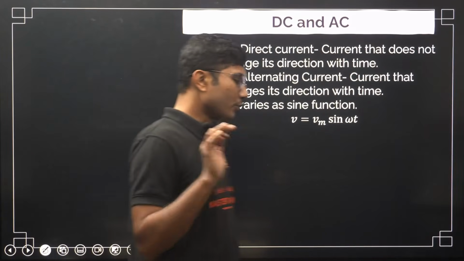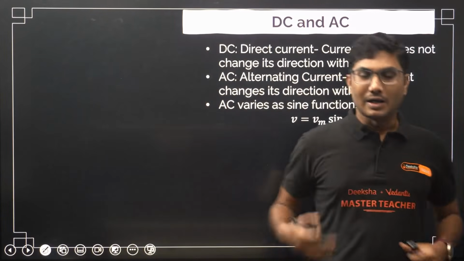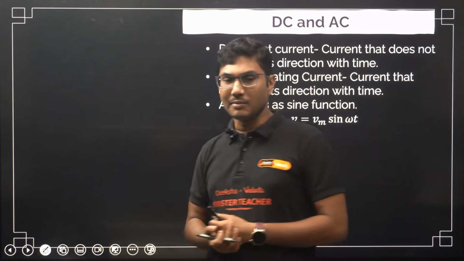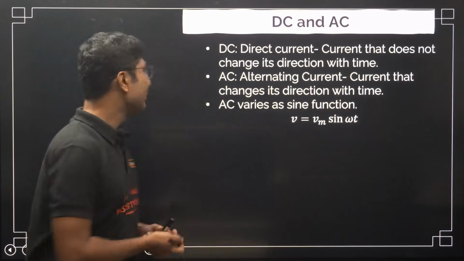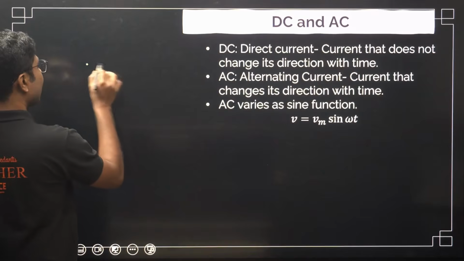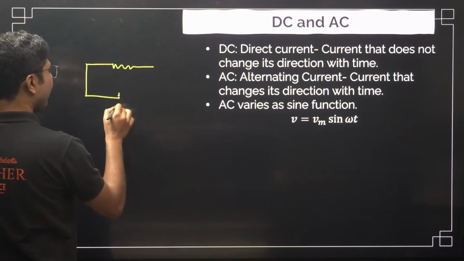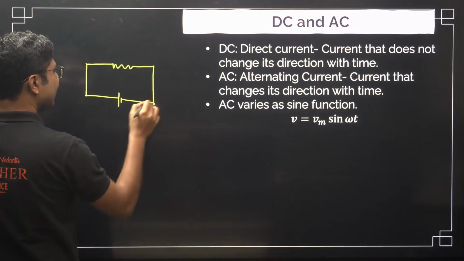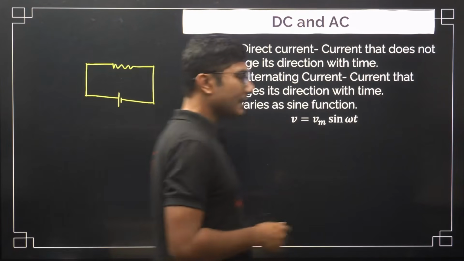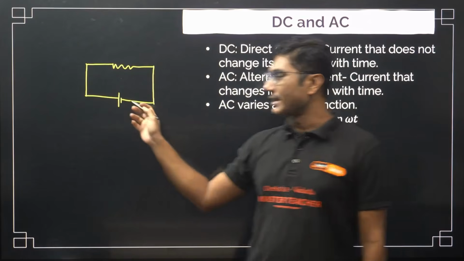So far, whatever we have learned is mostly about direct current. Whenever you see a circuit like this, where a resistance is there, this is called a DC circuit. The source here is a battery or a cell.